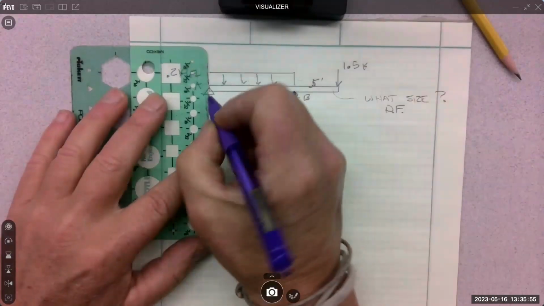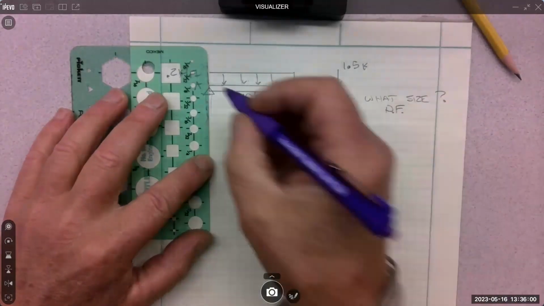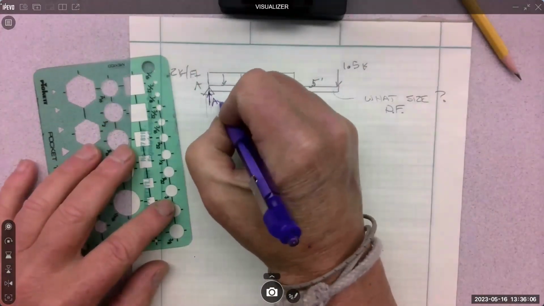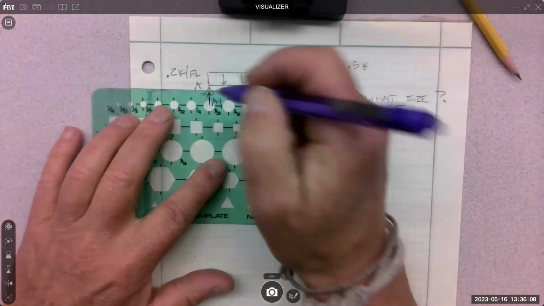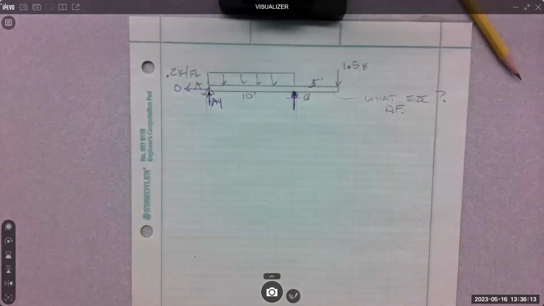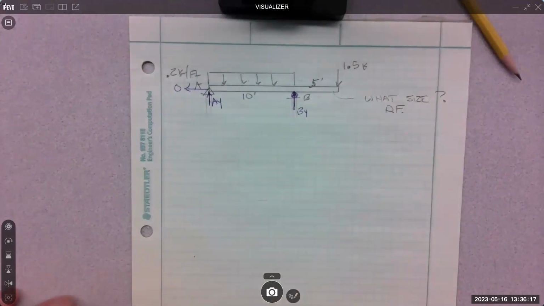And then the pin is 2. What do you think? Up or down? I'm going to go with up, but this is a big load out here trying to flip it, right? So we could be wrong on that. And then there is an X, but there's no X load, so that's just 0. So that's good. Free body diagram, done.